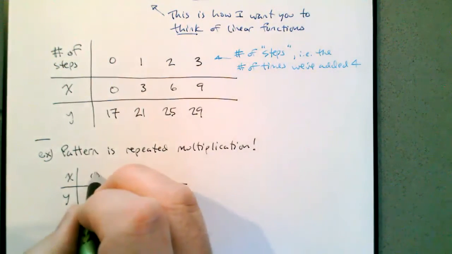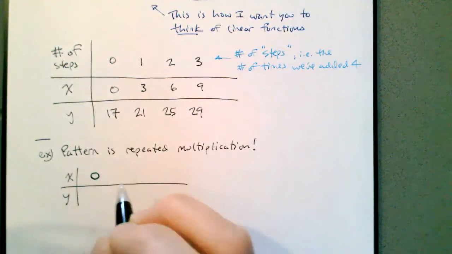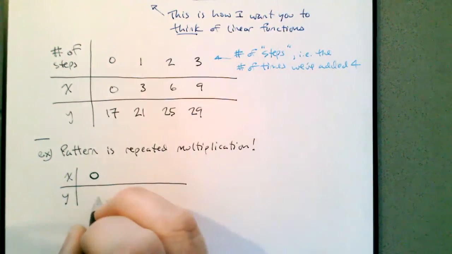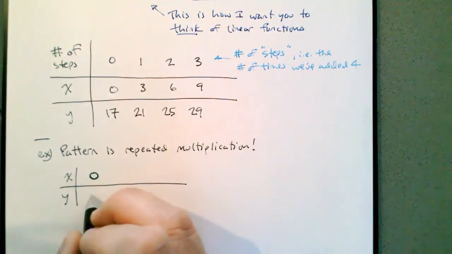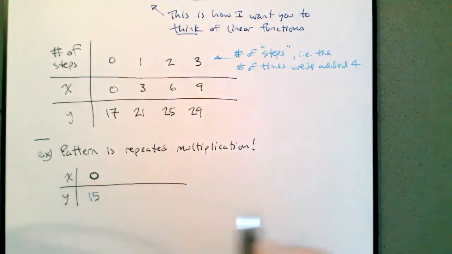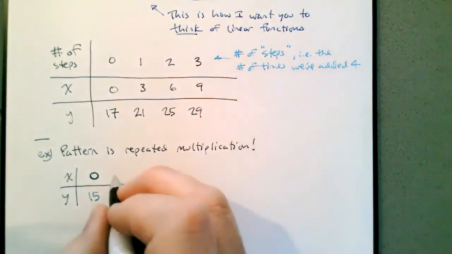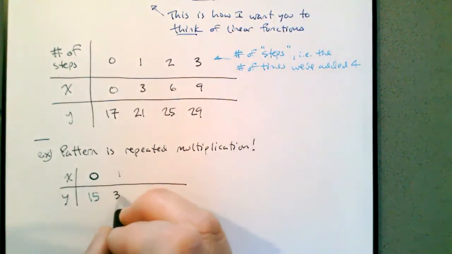And I'm going to start with green like I normally do. So let's suppose I start off at 0 and 15. And then 1 unit later, we're at 30.